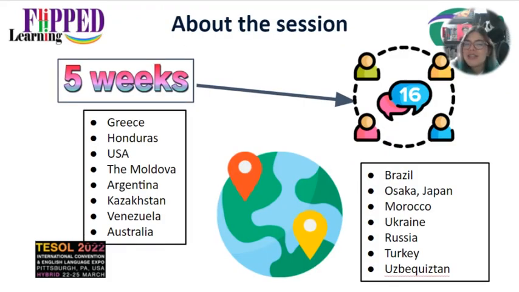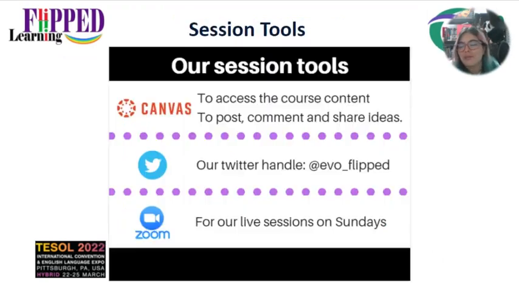We had about 16, 17 different countries this year. It is always so refreshing to see many people from around the world. Ukraine, Russia, Argentina, Moldova, Turkey, Uzbekistan, and so on.